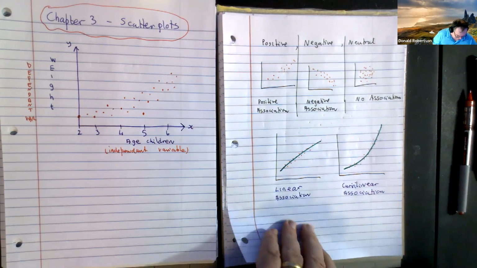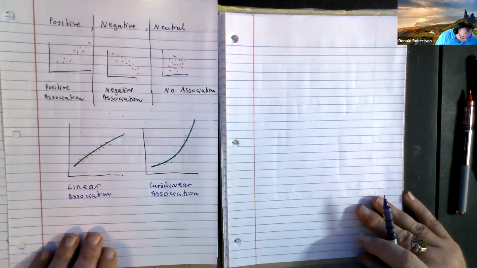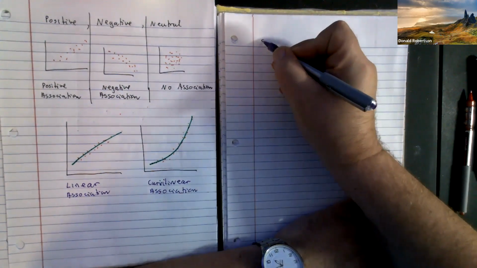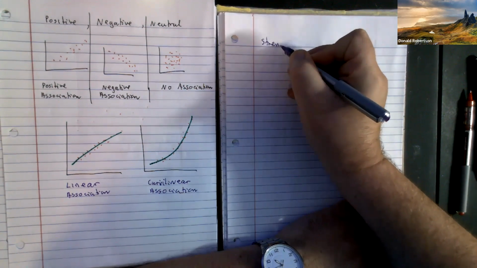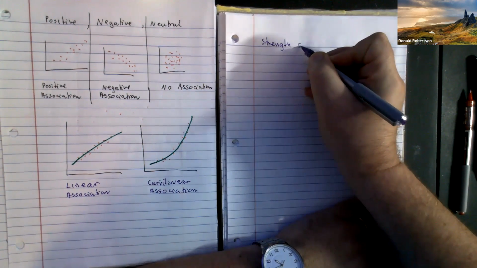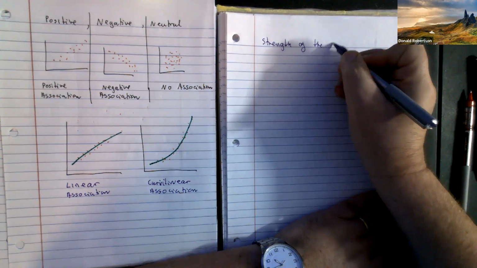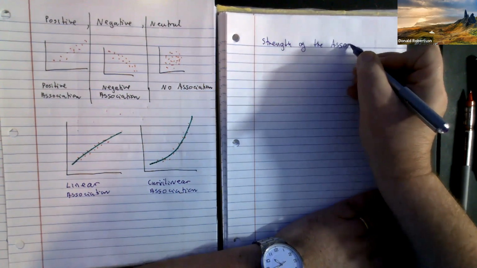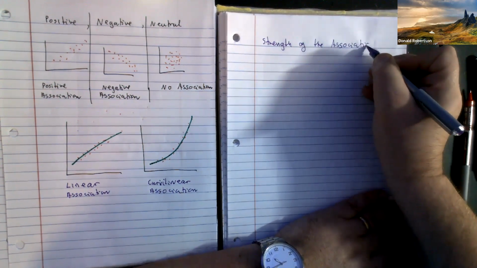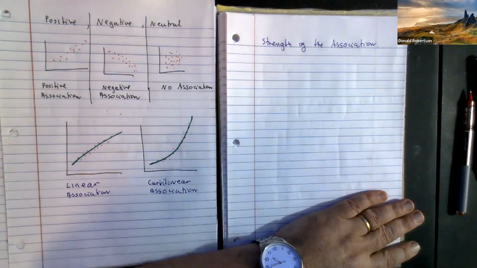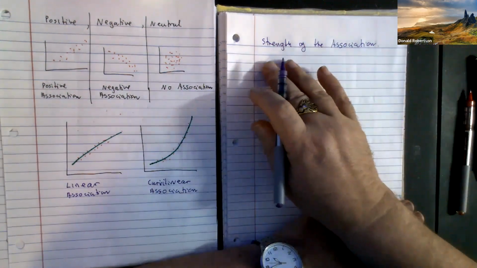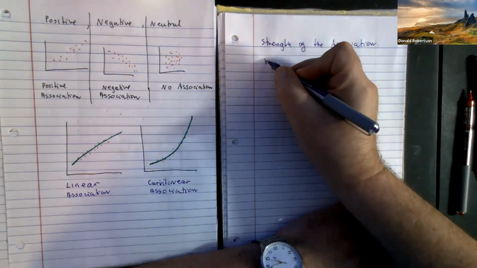Now, the next thing that we do with scatter plots is basically what's called the strength of the association. And they fall into very broad categories.